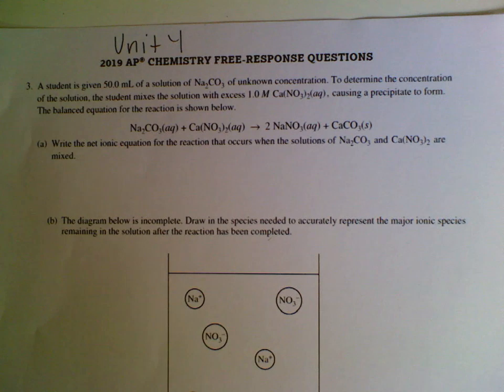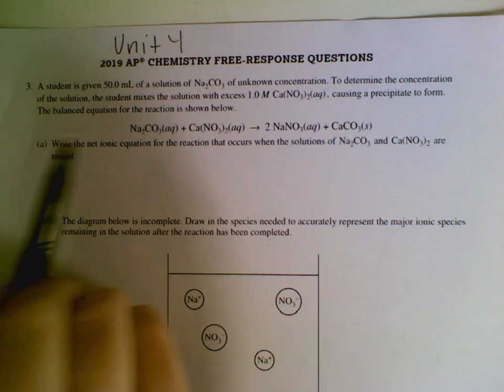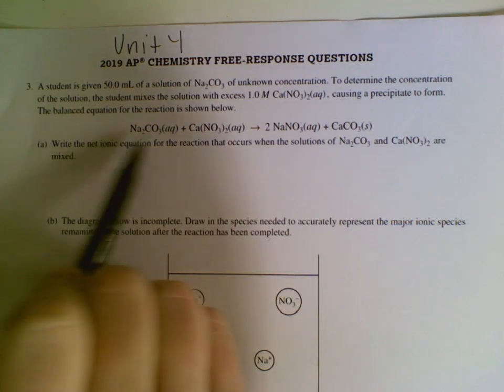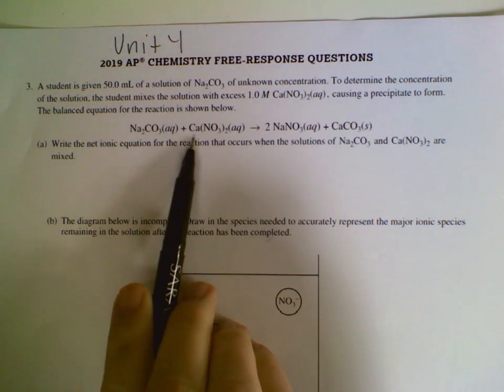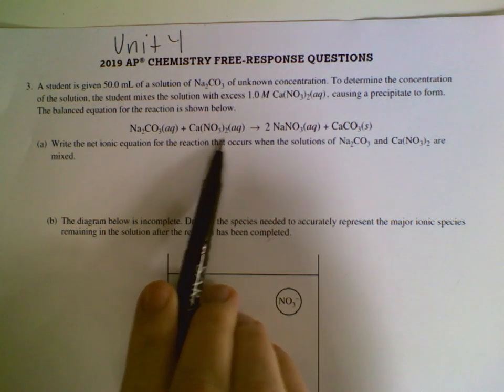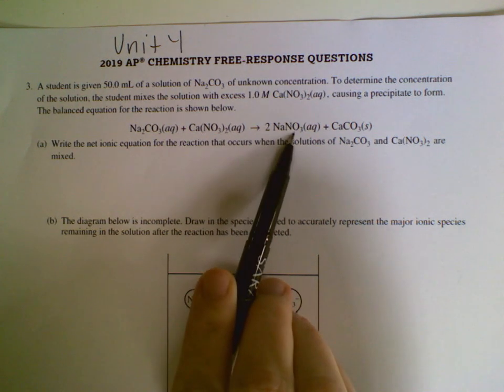Now, if you remember, net ionic equations leave out ions that stay the same. So if you have things that are aqueous on both sides as far as their ions go, those stay out. So if we look here, I have sodium and carbonate that are aqueous on my reactant side, and then calcium and nitrate. And if I look on my product side, the sodium and the nitrate remain aqueous.